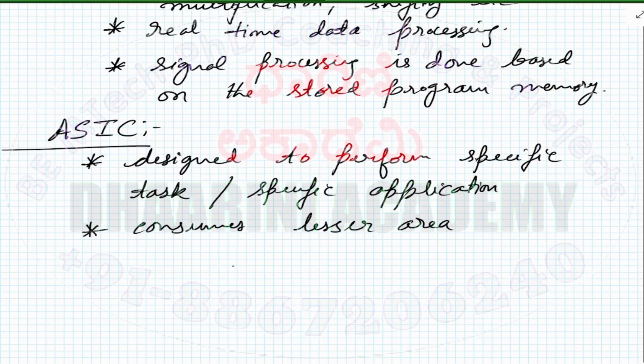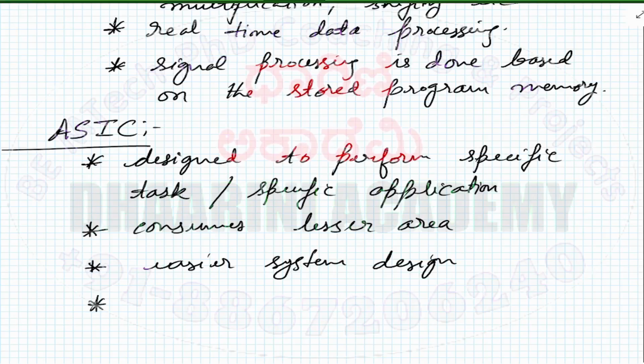This means you are going to design the whole system based on ASIC easily compared to others. So you can write: easier system design. Since it is easier, you need fewer resources. Fewer resources means you invest less, correct? So it reduces the system development cost.